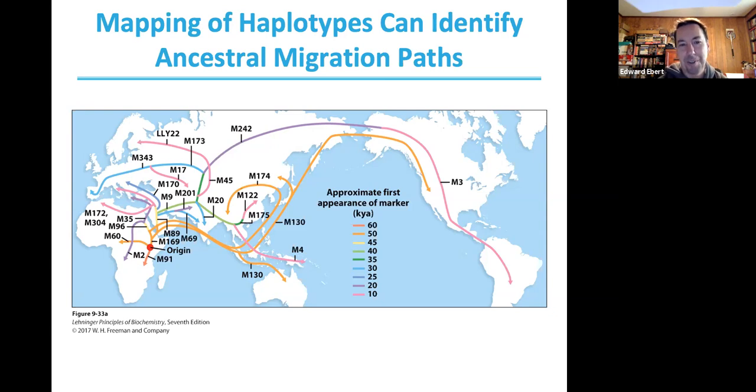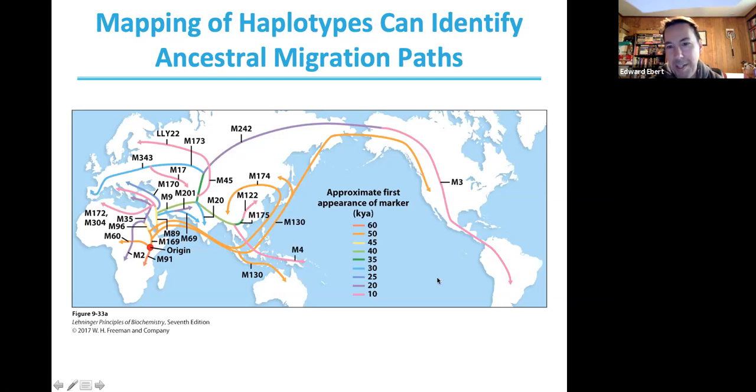But there's a fair amount of Neanderthal DNA in our DNA, maybe as much as 6%. And there are different groups that may have encountered these other humanoid species that will have some of that DNA as well. So we can use these different haplotypes to figure out where people have moved to. And I guess this was M343, if you live in Spain.